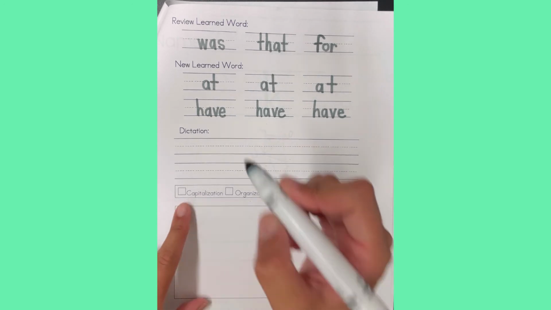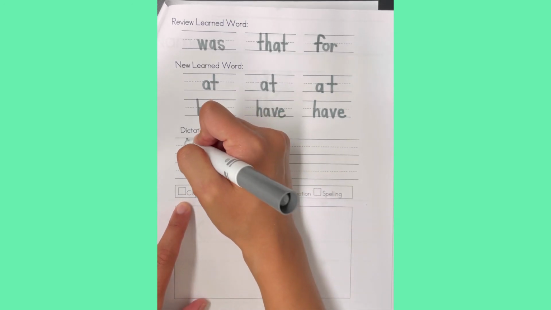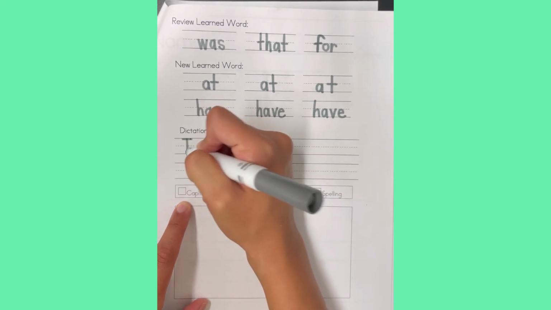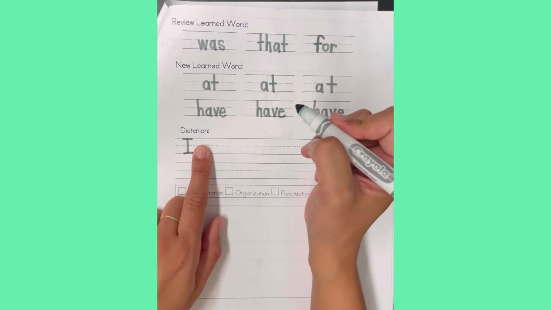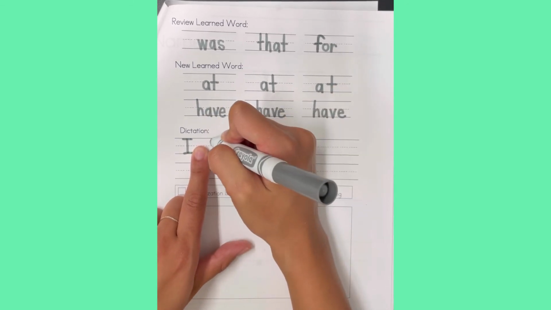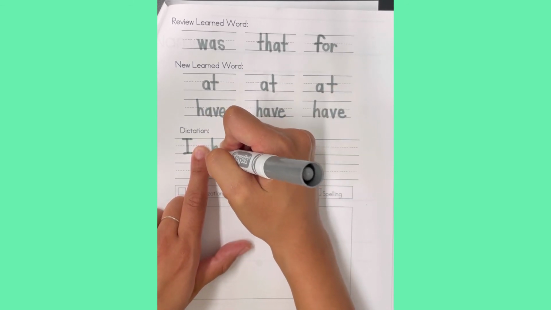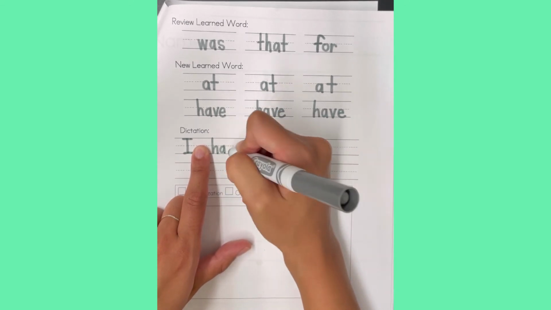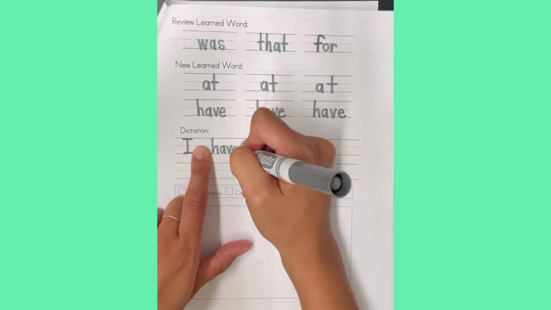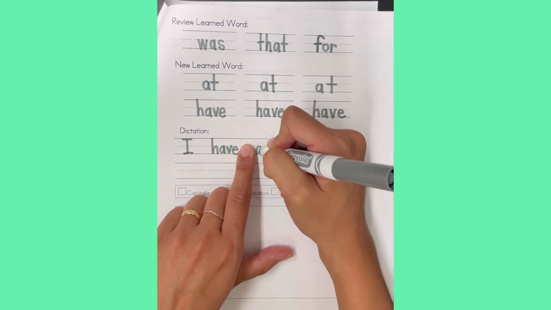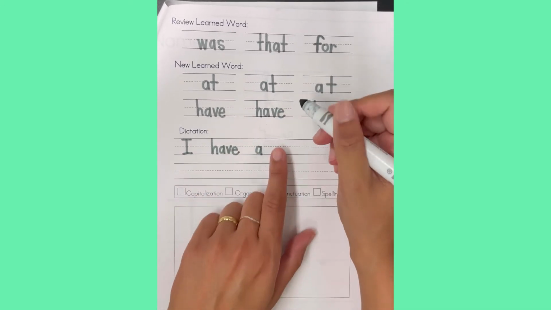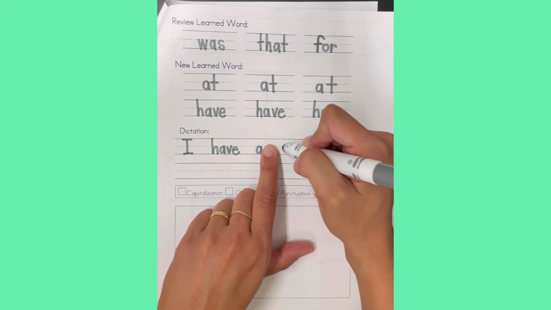Okay, the first word is I. Remember, beginning a sentence is always a capital letter. Don't forget one finger space. I have, H-A-V-E. I have a dog, D-O-G.